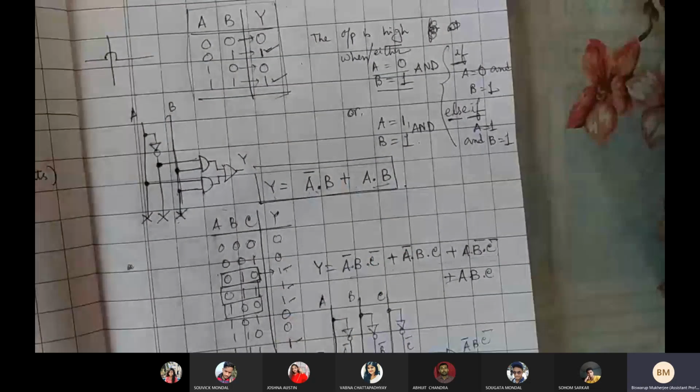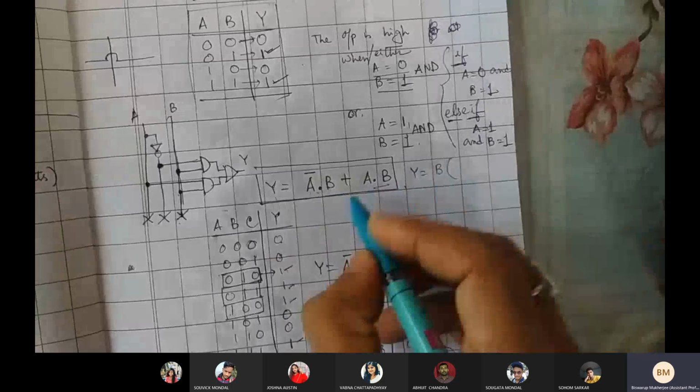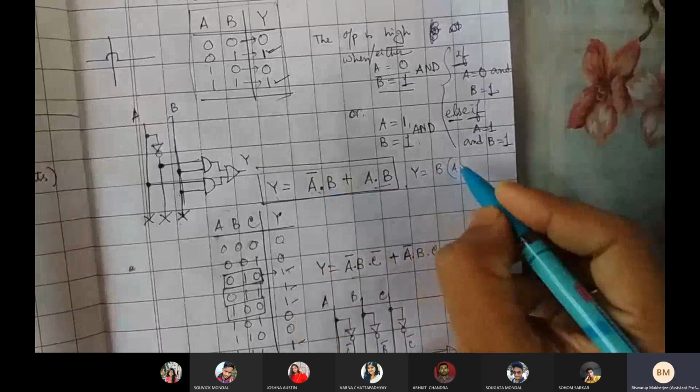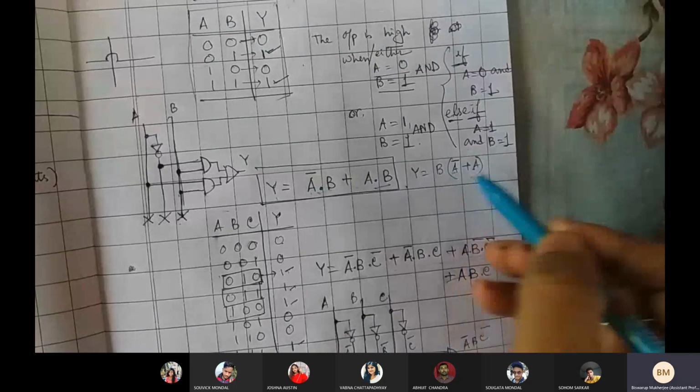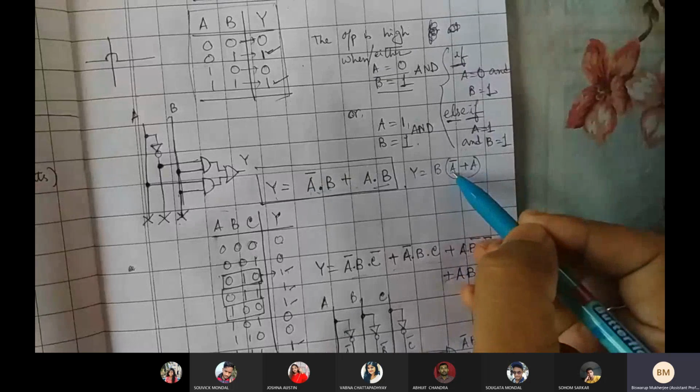Even in this Boolean function, if you take B common, it is B into A bar plus A, right? Now the point is A bar plus A. If the A value is 0, then A bar is 1. If the A value is 1, then A bar value would be 0.